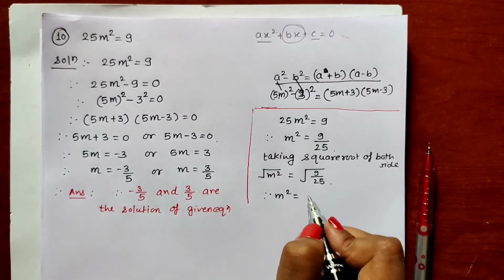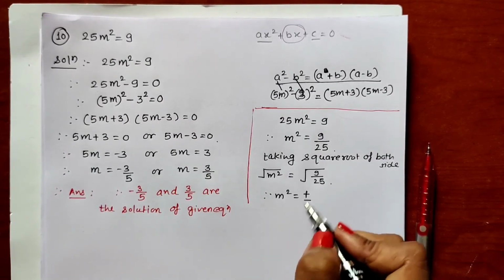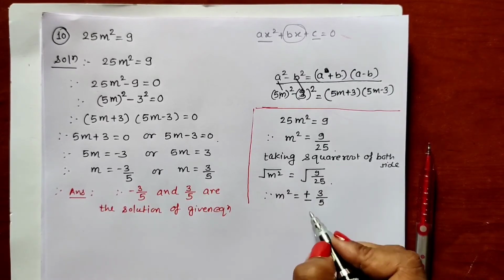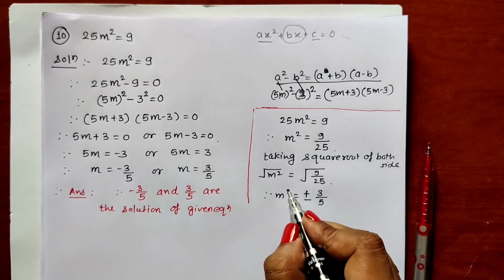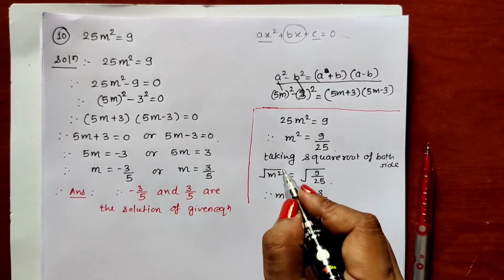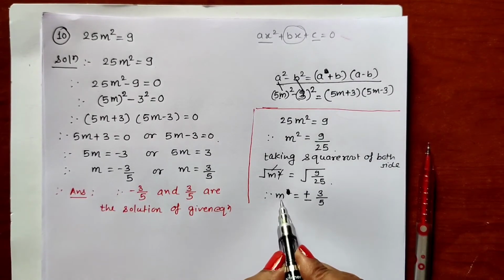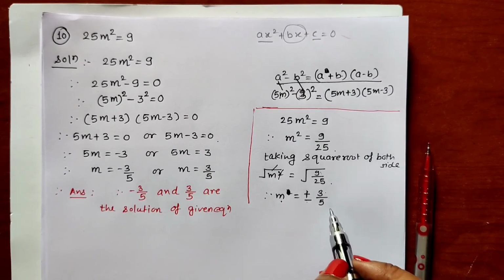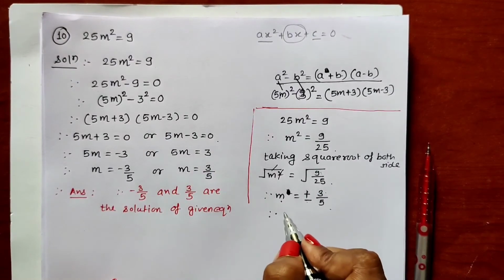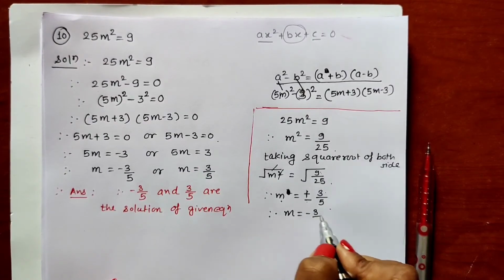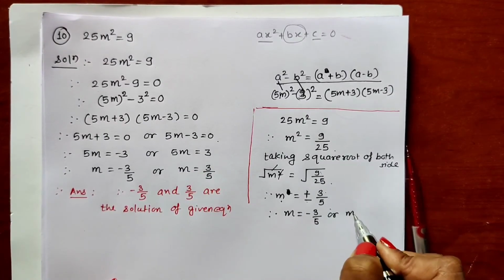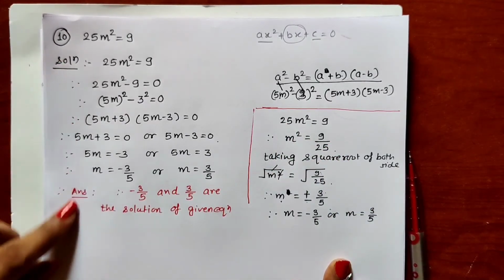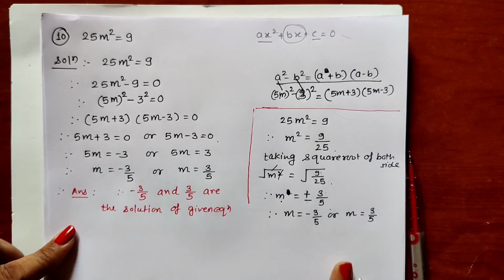Square and square root cancel each other, only m is remaining, and square root of 9 upon 25 will be plus minus 3 upon 5. So two values of m will be: m is equal to minus 3 upon 5 or m is equal to plus 3 upon 5. So in this way, the direct method or the formula method we can apply. Now let us go on to the next sum.